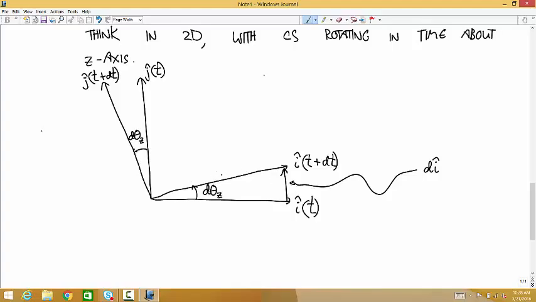That's the change in i. To get the second i vector, you add the original i vector plus di, and you get this. And this is the vector dj. Any questions about that so far?